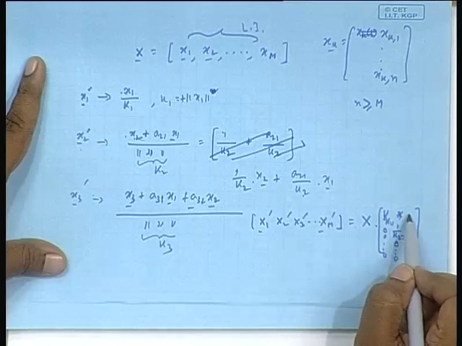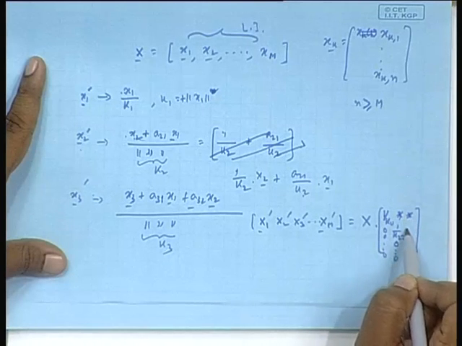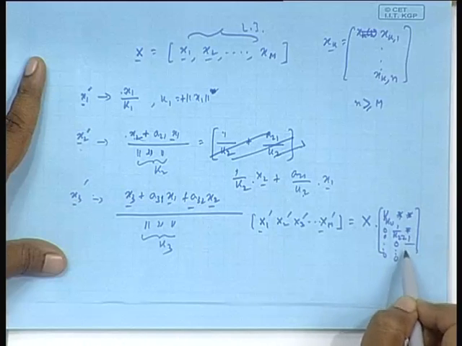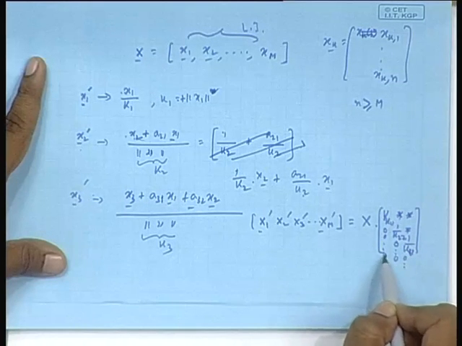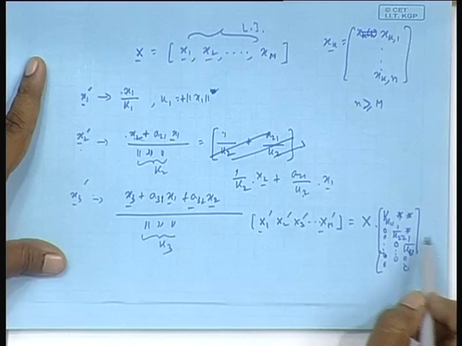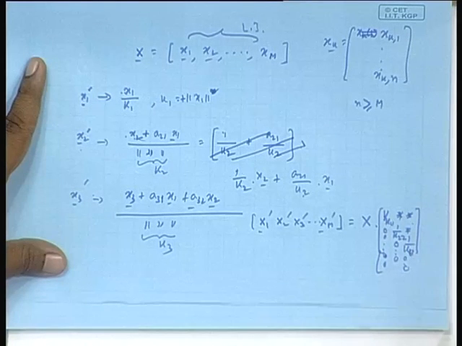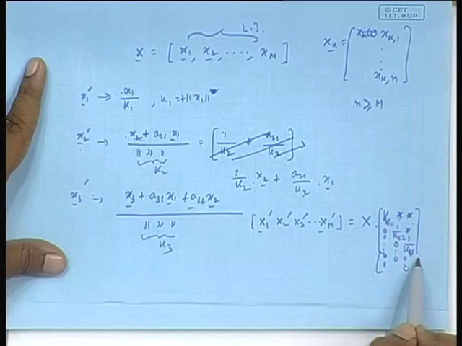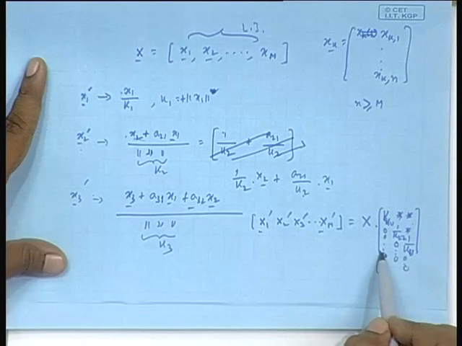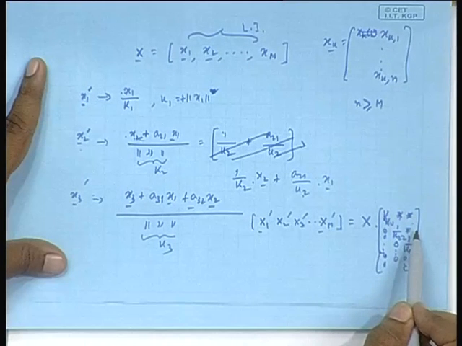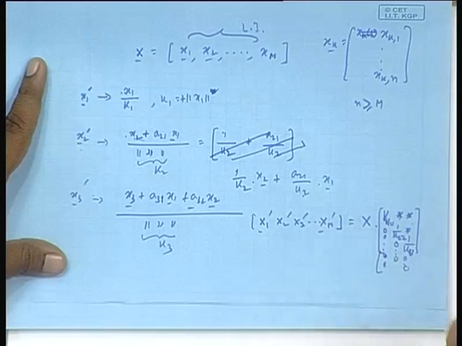Then again some element here, some star, again 1 by k 3 3 0 dot dot 0, and so on and so forth. So, what kind of structure is coming? An upper triangular matrix on top. Upper triangular matrix size is m cross m. Below that there is a chunk of zeros.